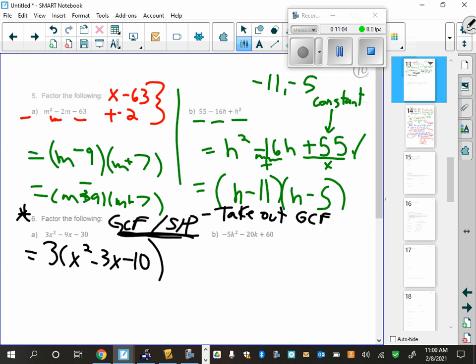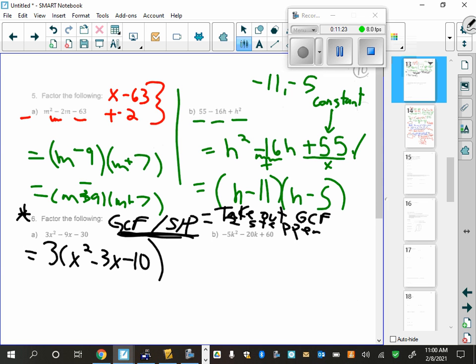So we did GCF factoring already. This is GCF and then SumProduct. So we should write down it's a two-stepper, because sometimes, at least at the beginning, students say, hey, take a 3 out and they're all proud of themselves, but they forget there's another step to this one.